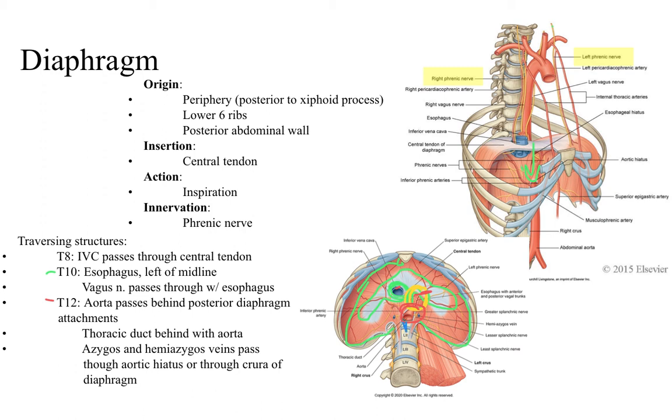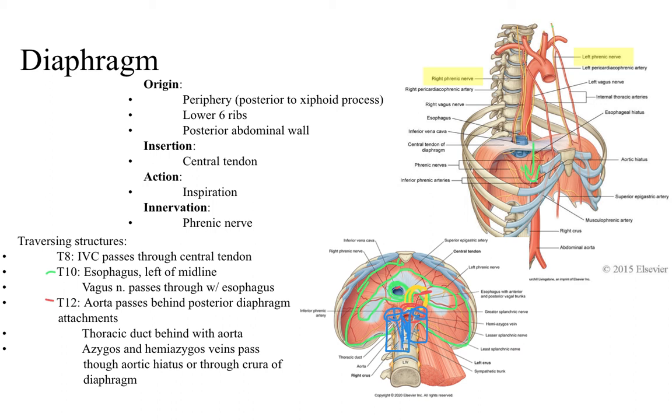The thoracic duct would actually run behind the aorta, and then you see the azygous and hemiazygous veins running through what we call the crura. So the crura are two little appendages that attach to lumbar vertebrae 1, 2, and 3.